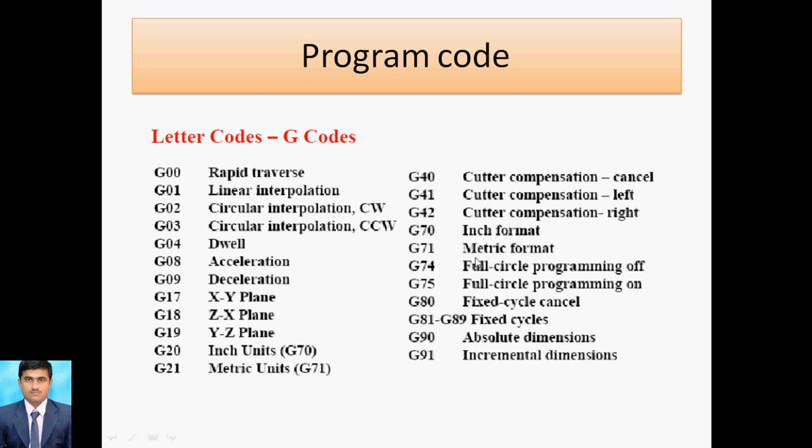Then next is G71 metric format, G74 full circle programming off, then full circle programming on for G75, G80 fixed cycle cancel, G81 to 89 fixed cycles, then G90 absolute dimensions, G91 incremental dimensions. So these are called preparatory codes.